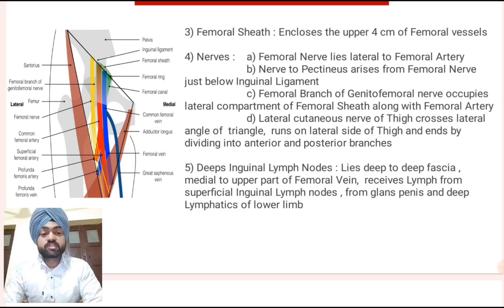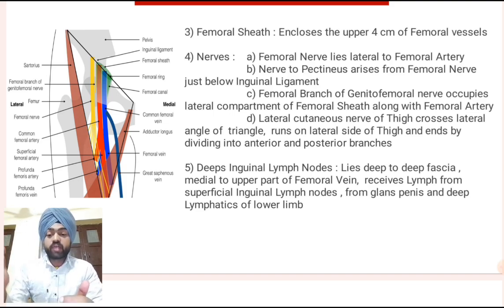Then the lateral cutaneous nerve of the thigh crosses the lateral angle of the triangle, runs on the lateral side of the thigh and ends by dividing into anterior as well as posterior branches.